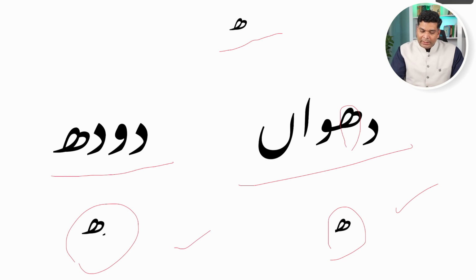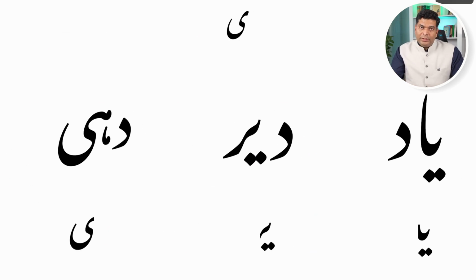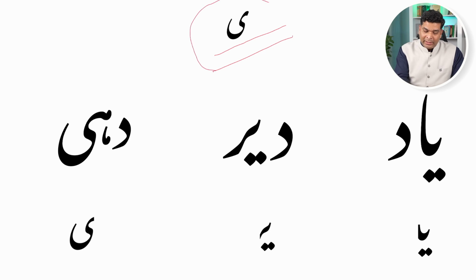All right. So now if we move ahead with choti ye and badi ye. So choti ye again can have slightly different shape. So in the beginning, it would appear, and this is unusual because choti ye is not written with noktas. When you look at the actual shape of the letter, this is not written with noktas.